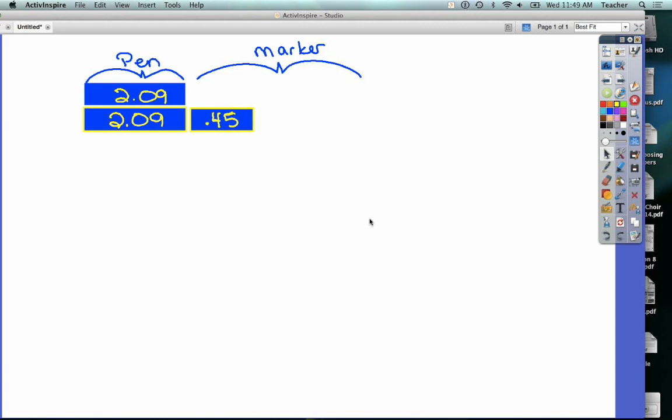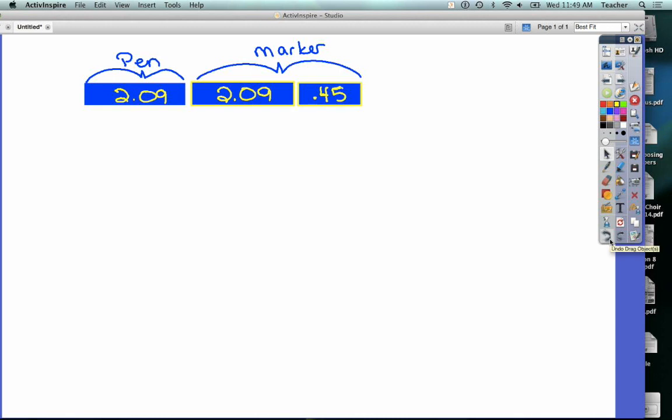So if you look at this, you can tell just by looking at these bars that obviously the marker costs more and the pen is 45 cents less than the marker, right? Because it says it costs 45 cents less than the marker. I like these bars. They take a little bit to catch on to, but they're good.